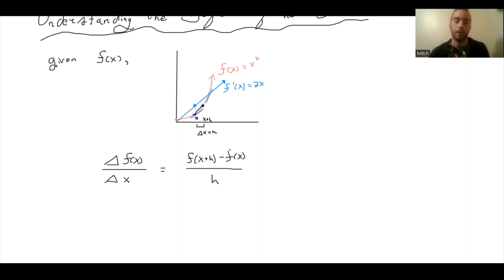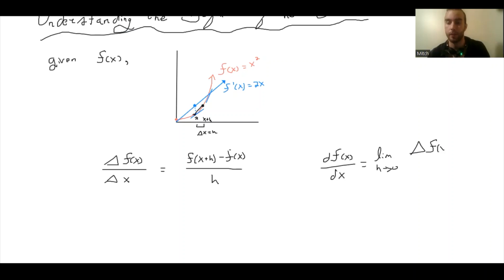And so this limit definition of the derivative, all it's saying, so df of x by dx, the derivative, is equal to the limit of h approaching 0 of this average.